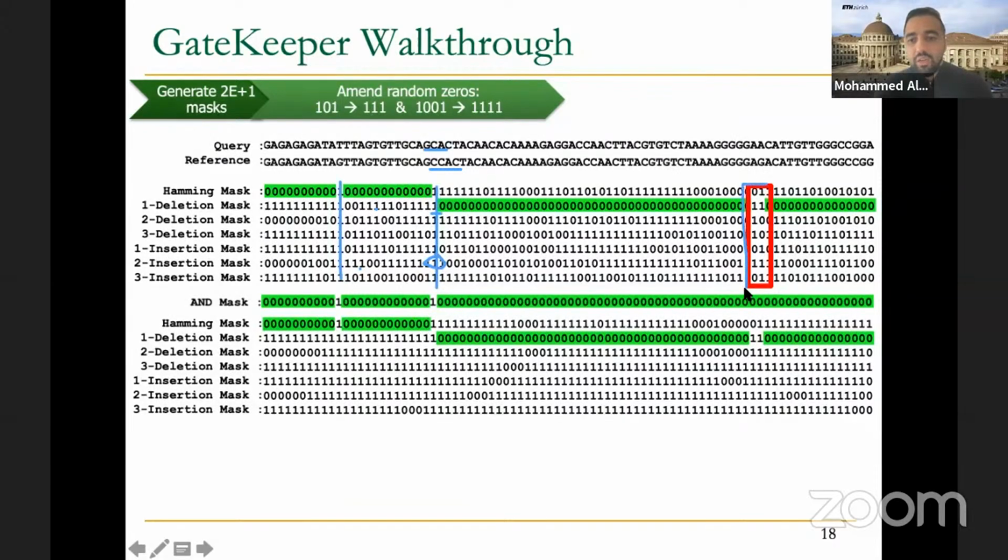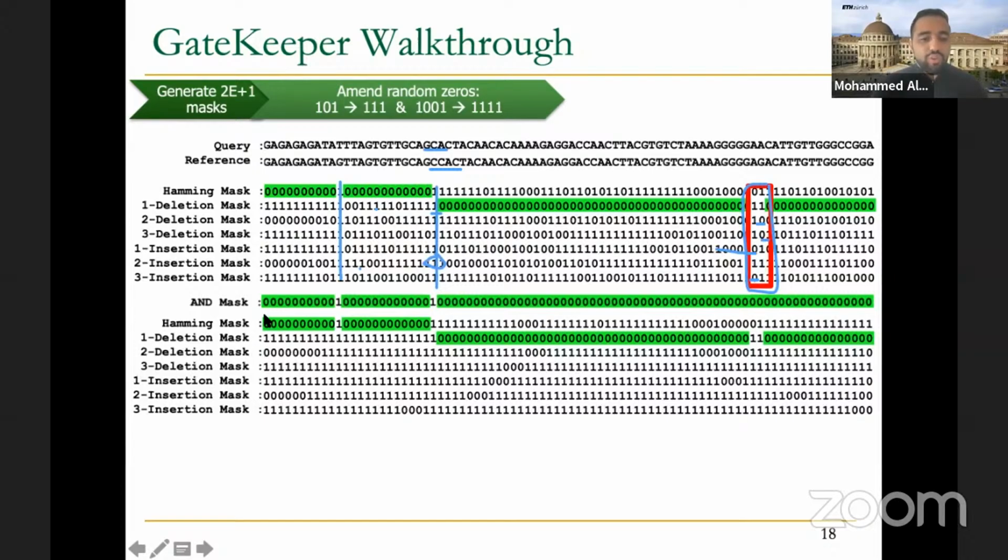But here, we have the zeros, right? And if we look at these zeros, normally they are short, like a single zero. Maybe here we have a bunch of zeros. Here, a single zero, right? So we said, okay, let's try to switch them ourselves. Let's try to convert all these short segments of zeros into ones so that we can cancel the effect of these, which we call random zeros in the vector.